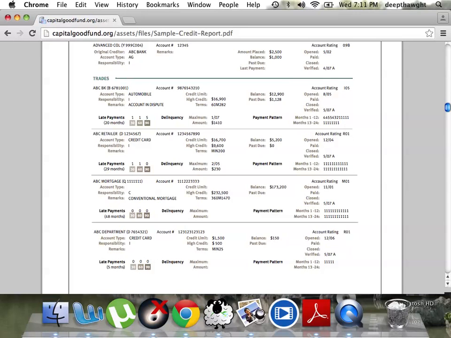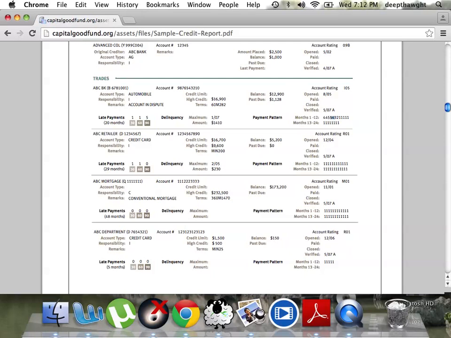So now with the 2, they're 1 times 30 days late. Now a 3 pops up. Now they're 1 times 60. Now a 4 pops up. They're 1 times 90 days late. Now a 5 pops up. They're over 120 days late on the payment.